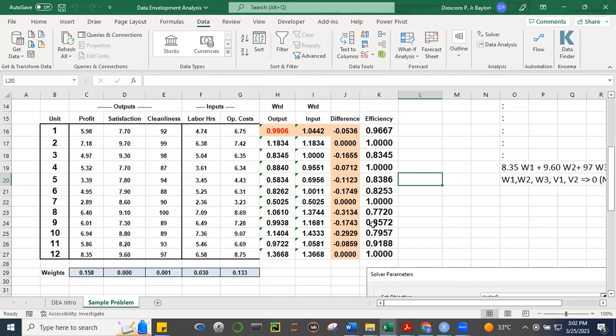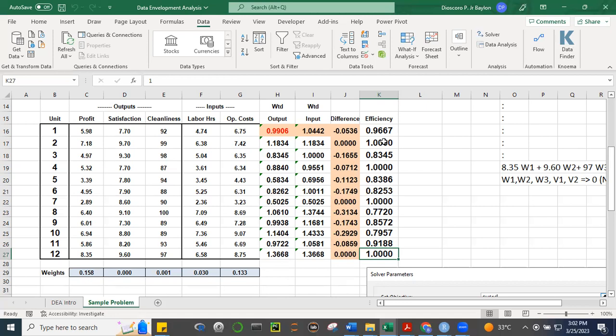Okay, so assuming that this is correct, we can now conclude that unit 2, unit 4, unit 7, and unit 12 are the efficient units. They are the DEA efficient units.